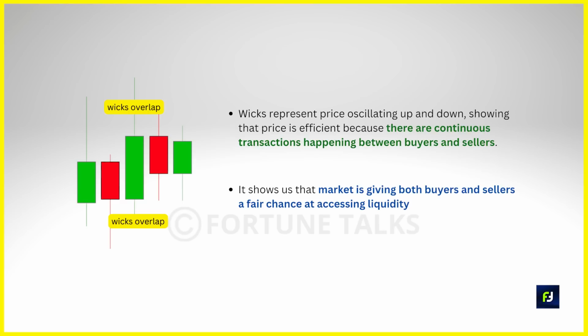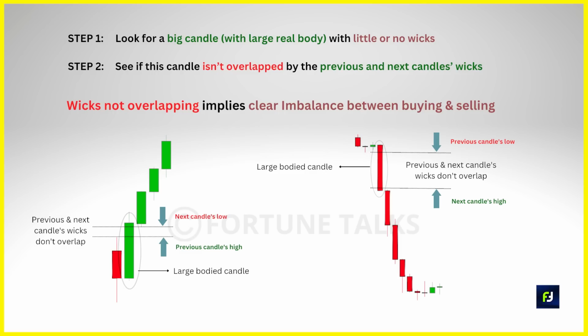So when the wicks meet, it provides the buyers and sellers access to get into the market and profit on the price move. But on the contrary, when you see a full-bodied candle with no wicks overlapping it, it is obvious that you have identified a clear imbalance in price. This may seem very complicated, so let me break this down further and help you understand it better.